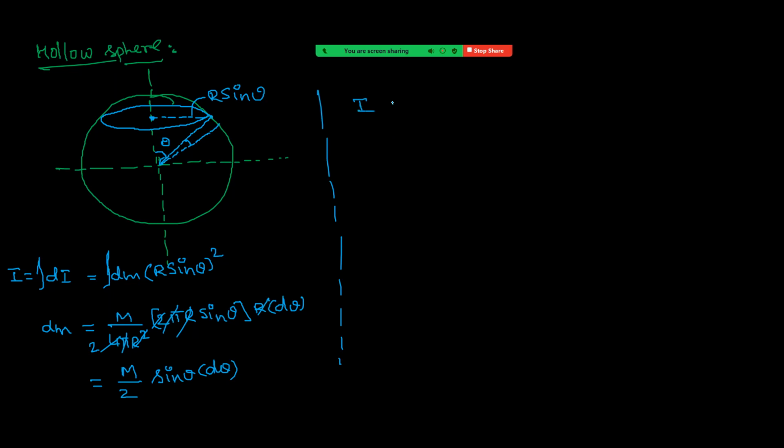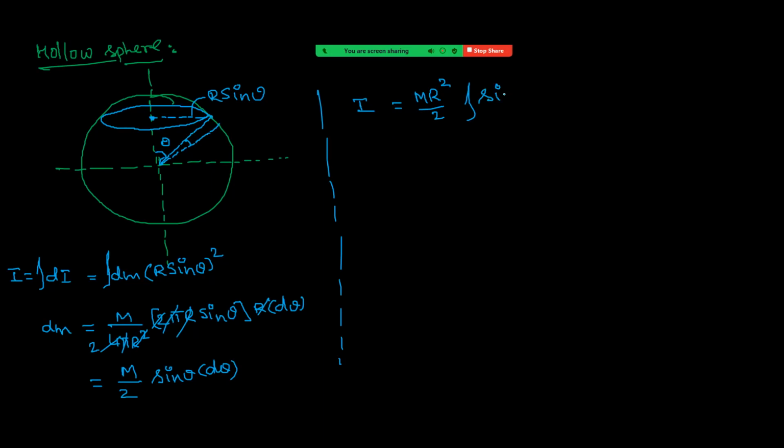I is equal to. So we can take m by 2 outside. Here r square is there, so take outside m r square by 2. Remaining is sine square theta into sine theta d theta.